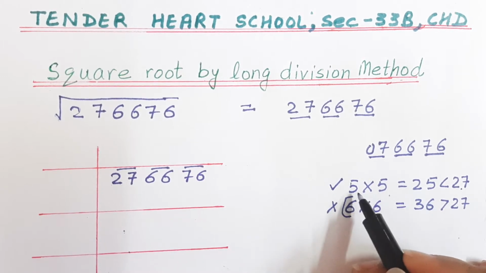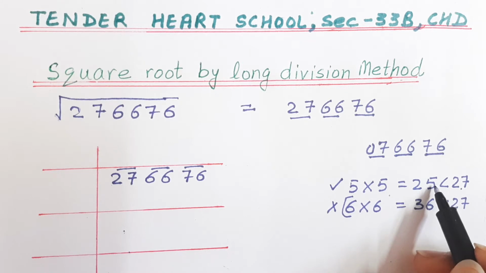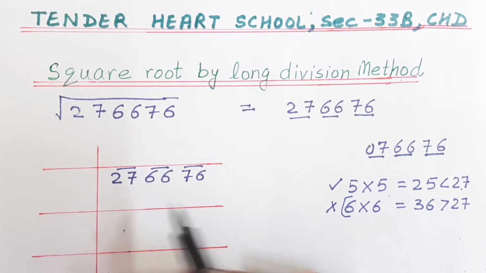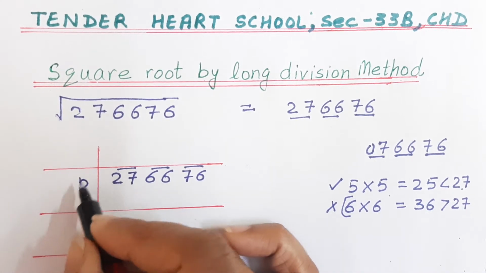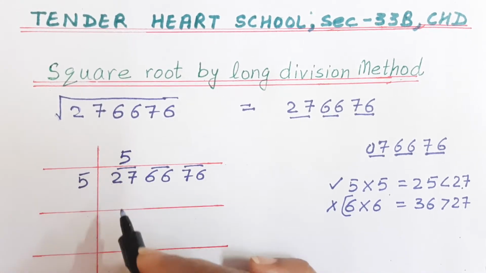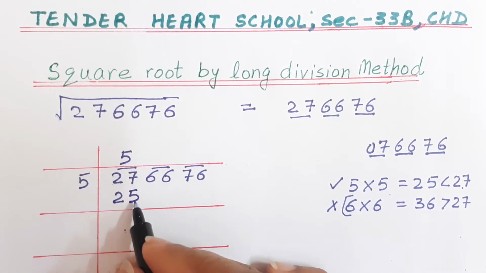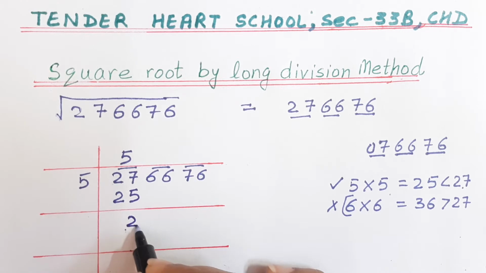Remember students, we have to choose the perfect square which is near to 27. Now 5 fives are 25. Now 27 minus 25 is 2.